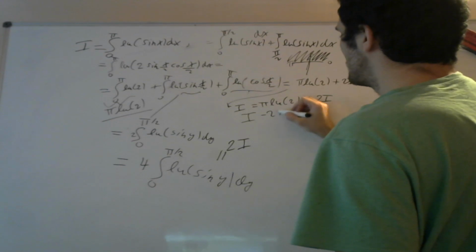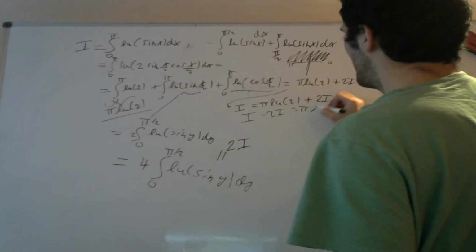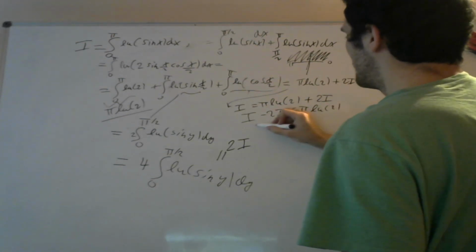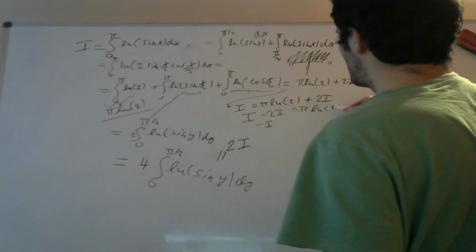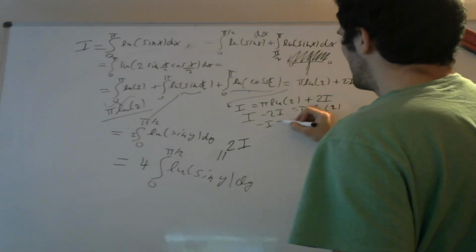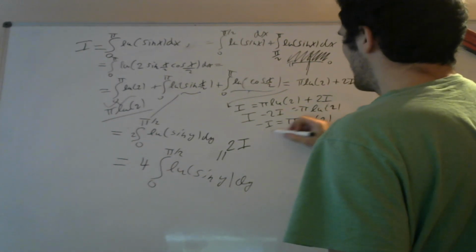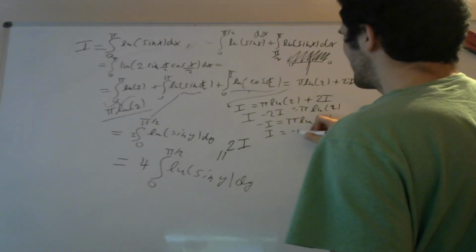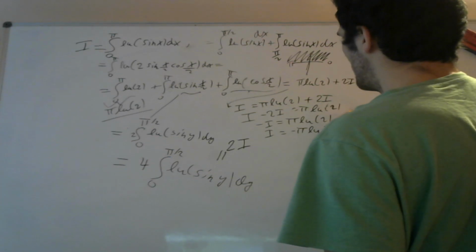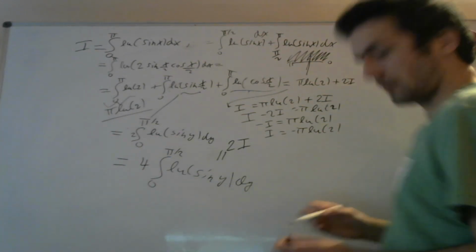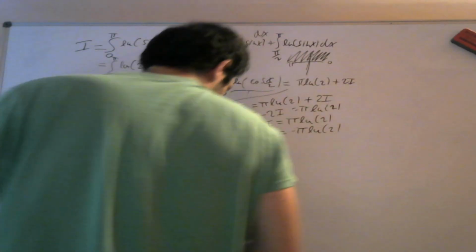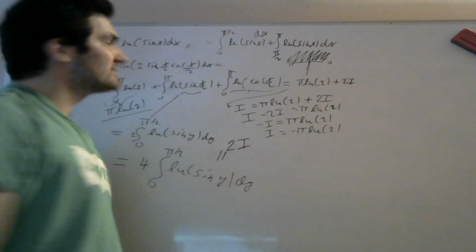I minus 2I equals pi ln 2, so negative I equals pi ln 2. I equals negative pi ln 2. As you can see, it wasn't that easy.